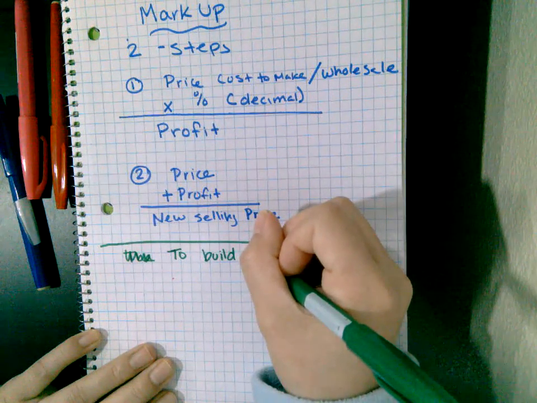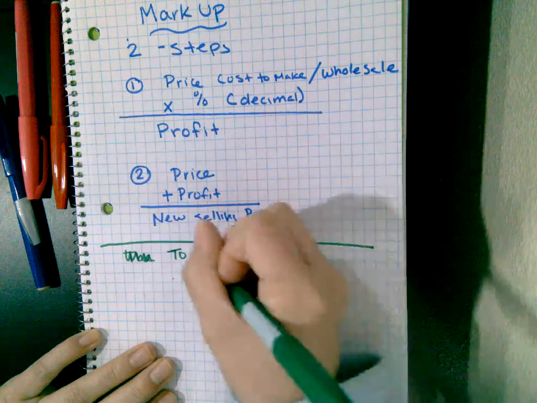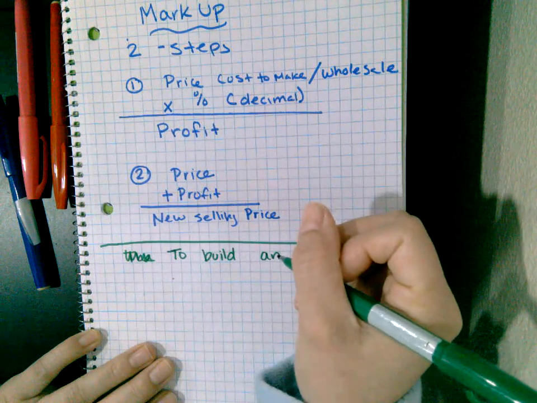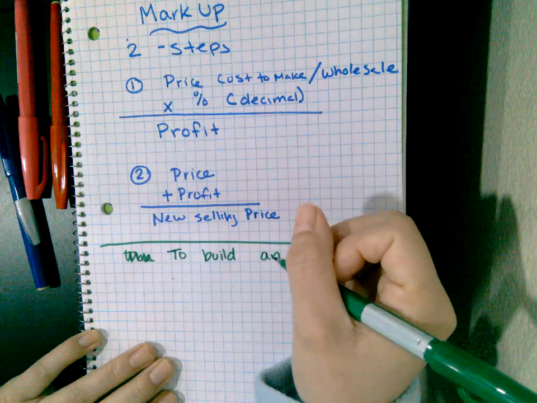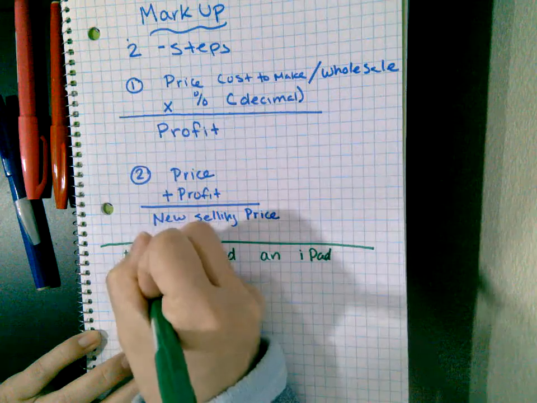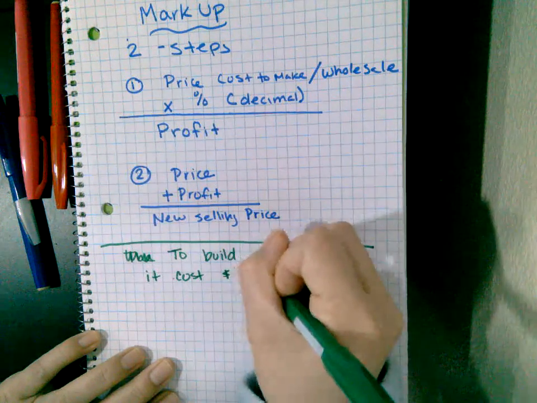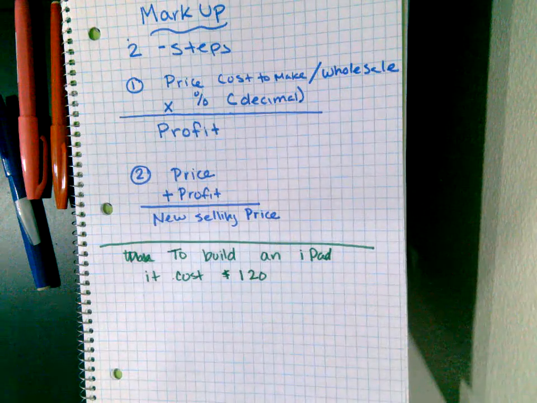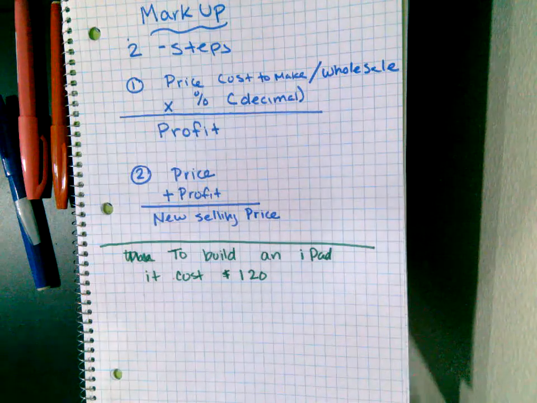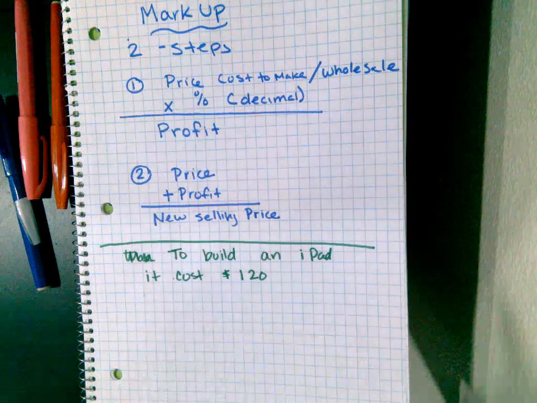Build, make, produce, manufacture. What's the correct word? An iPad, it costs $120. Okay, to build an iPad, it costs $120, right? To get all of the parts, to pay someone to build it, things like that, $120.